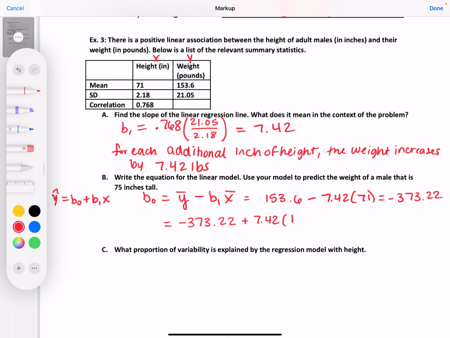In general it would be times height, and that's equal to weight hat. And yes, we would plug in 75 for that one. That gives 183.28.